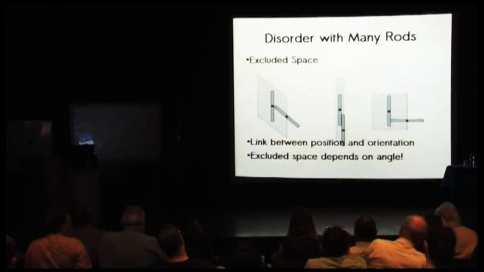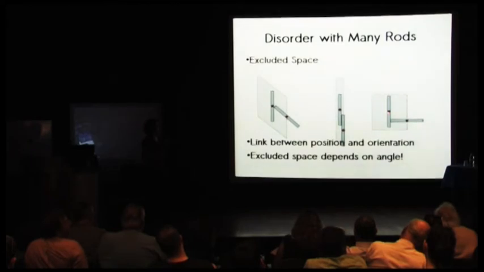And this space here, this area that's shaded in blue, is basically the area that the midpoint of our second rod cannot go because the first rod is present. And what you see here is that this particular space, excluded space, depends on the orientation between the rods.